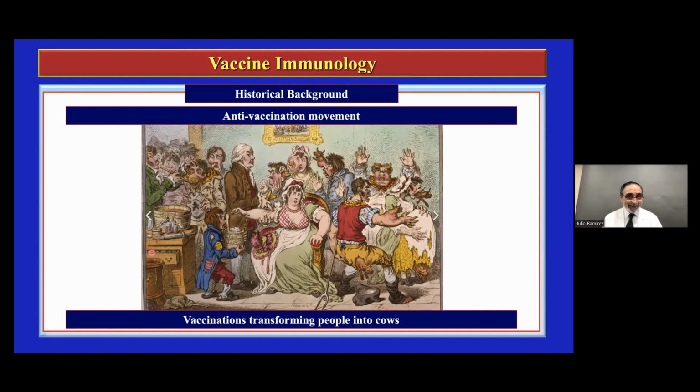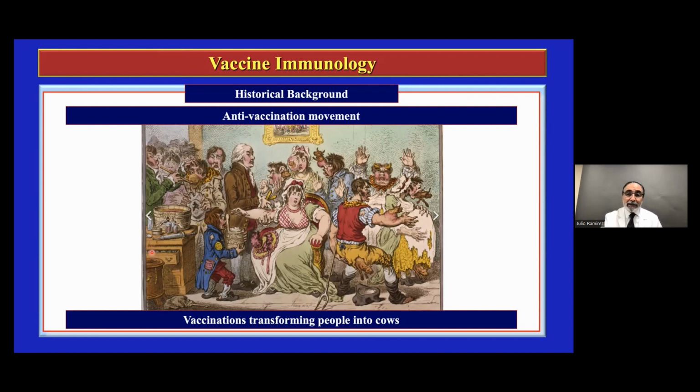What is new in vaccination and anti-vaccination? Nothing much has changed, because now we have advanced: we don't give you cows, but we are going to change your genetic material so you are transformed into some form of non-human being. So history is a cycle, and this is the historical background.